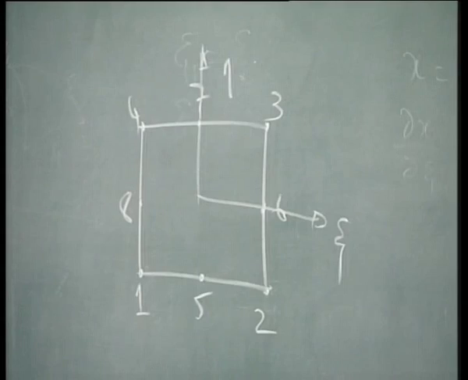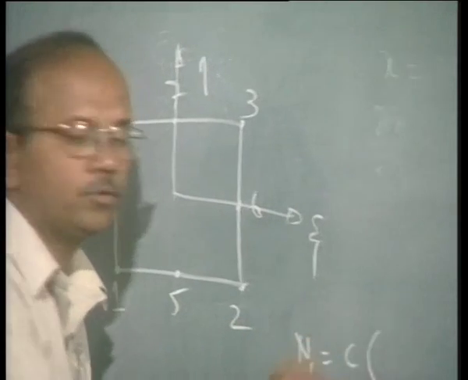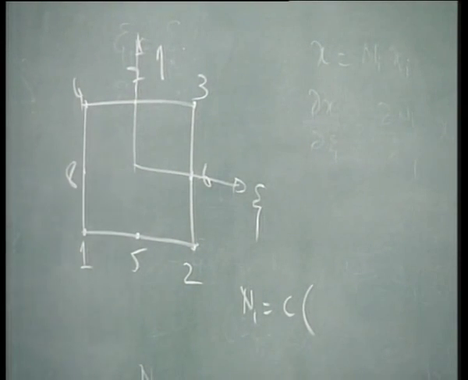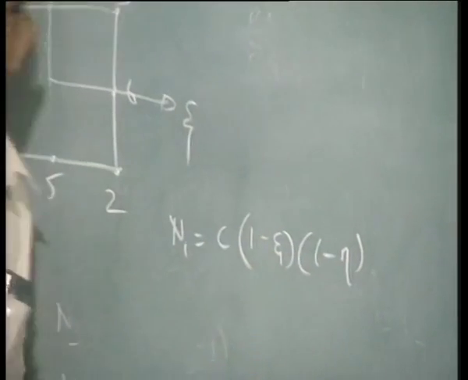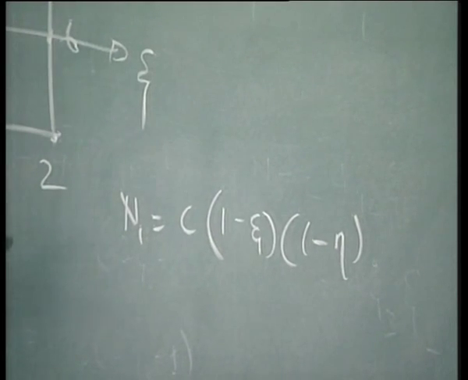We said that n1 should be a function of some c into 1 minus psi into 1 minus eta, because psi is equal to 1 and eta is equal to 1 are the equations of these 2 lines.